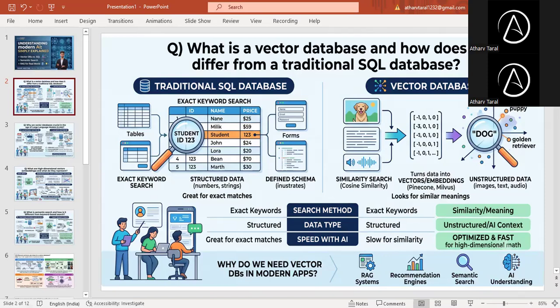SQL uses exact keywords, but a vector database uses similarity search, like cosine similarity. Then data type. SQL is for structured data, numbers and strings, while vector databases are built for unstructured data, images, vectors, logs, and AI content.